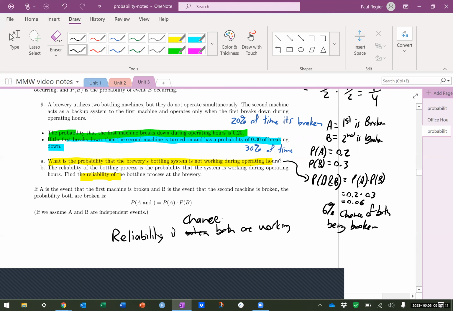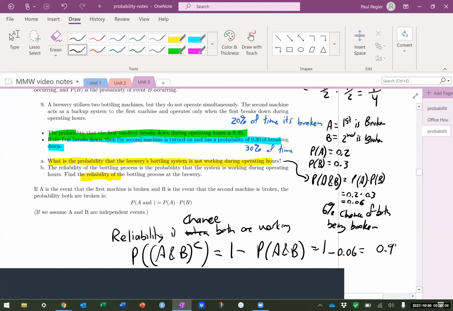Notice if A and B is when they're both broken, the reliability is the complement of that. So using our previous rule of complementary events, it's 1 minus the probability of A and B. That's 1 minus 0.06. So we get 0.94, 94% reliability.